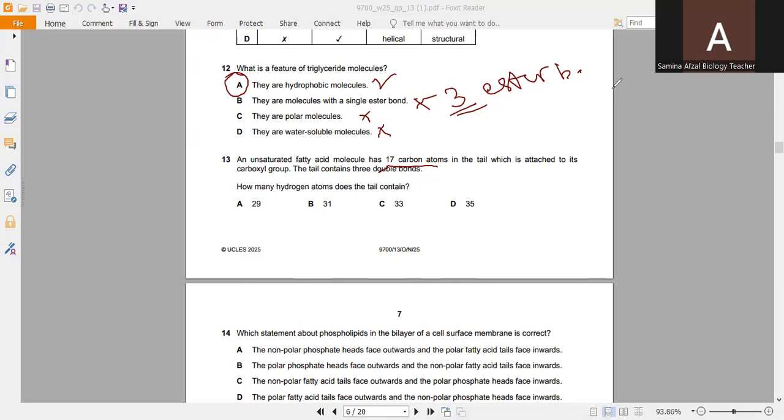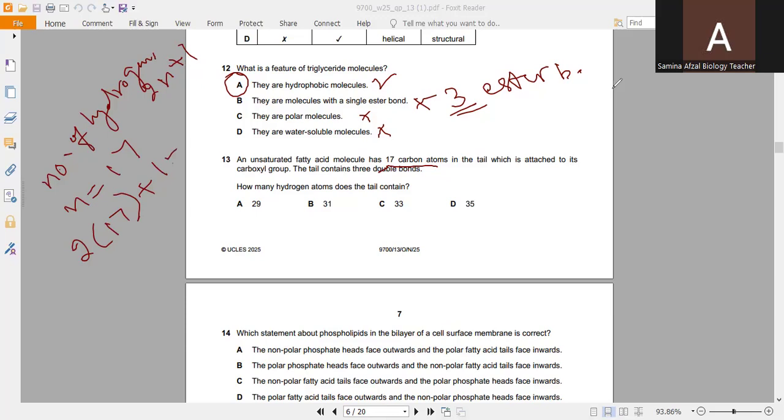So I would like to write over here, number of hydrogens is 2n plus 1. The given tail n is equal to 17. So 2 times 17 plus 1 is equal to 34 plus 1, which is equal to 35.